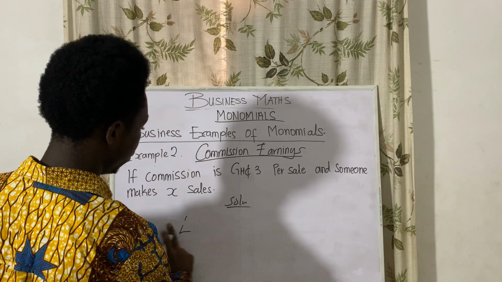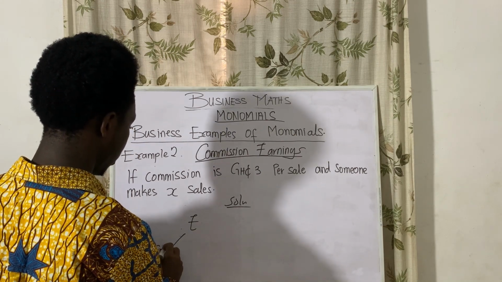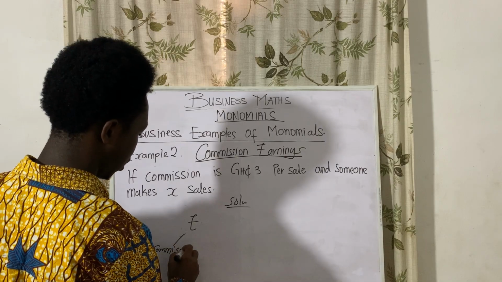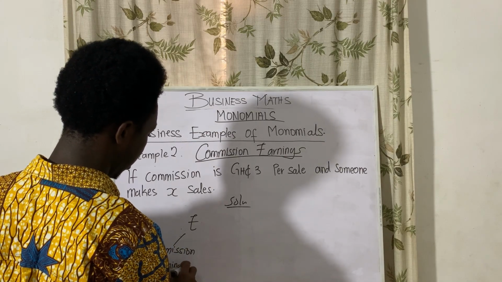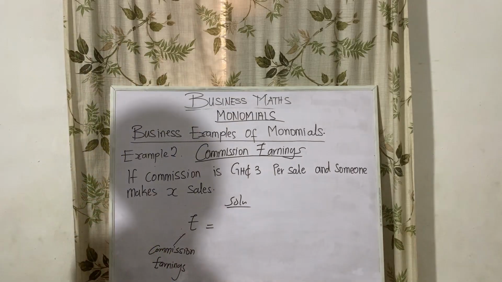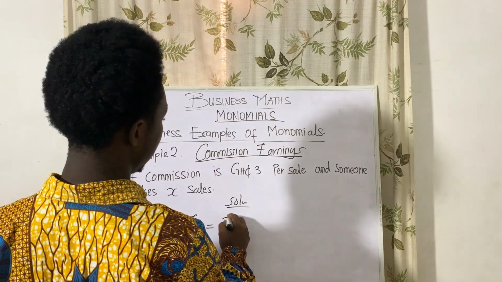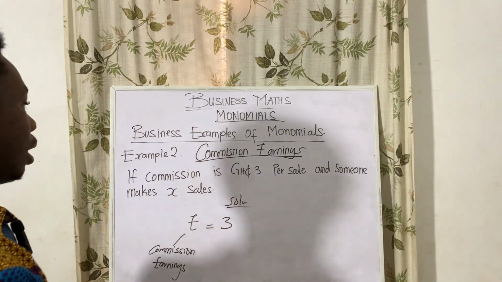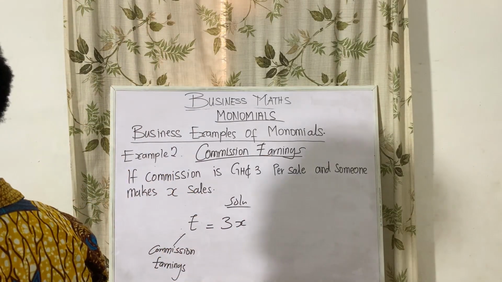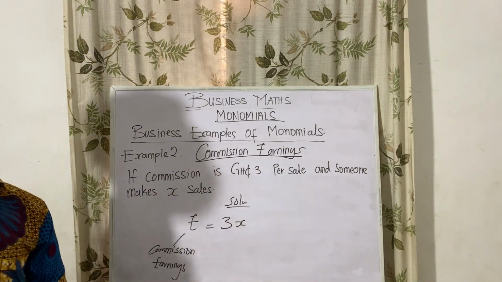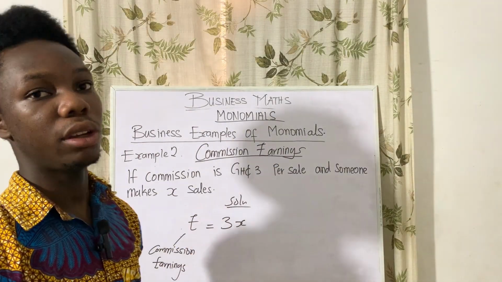The earnings will be E. So E is going to be your commission earnings. If commission is 3 Ghana cedis per sale, and someone makes X sales, so like this. So this will be your answer. Is this a monomial? Yes, it is. Why? Because it has only one term.